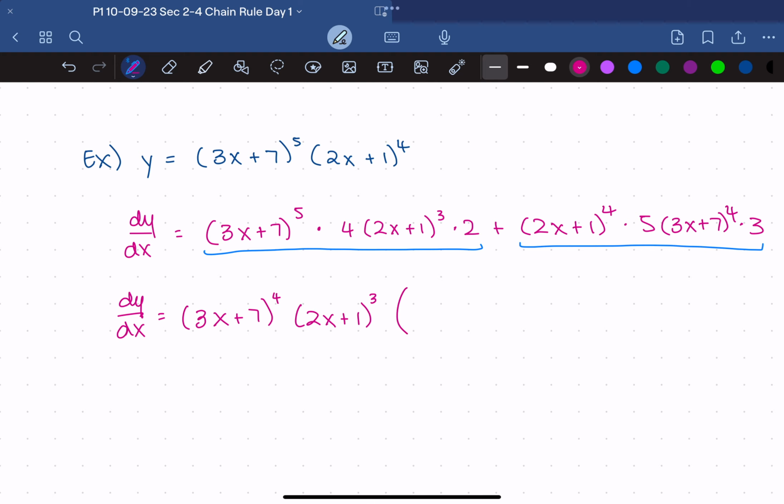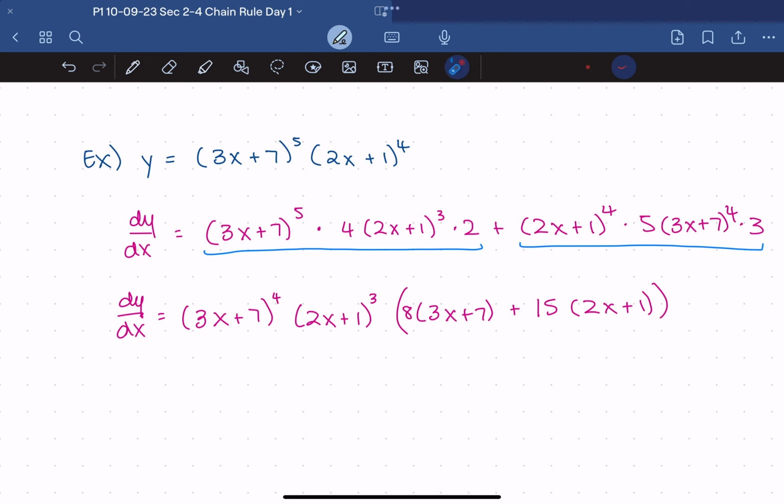So what am I left with? Well, I had 5 of these, but I took 4 out, so I still have 1 left. 3x plus 7, and that's multiplied by 8. And I still have the 15, and I had 4 of these. I took 3 of them out. I have 1 left.